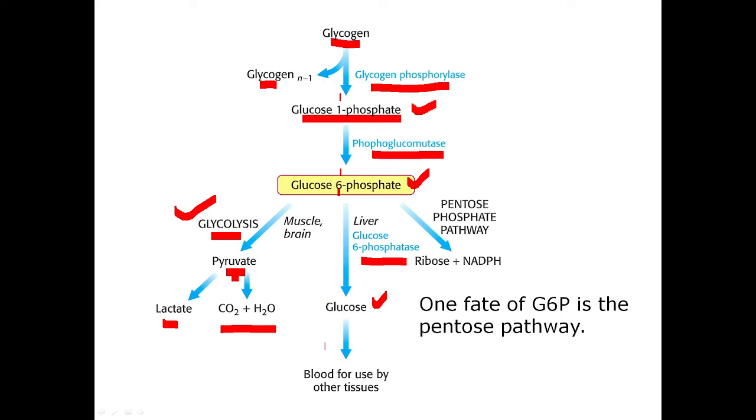So this is basically the gluconeogenesis pathway. Next, glucose 6-phosphate can undergo the pentose phosphate pathway, and we can get ribose. Ribose is a 5-carbon sugar, a 5-carbon aldose sugar.